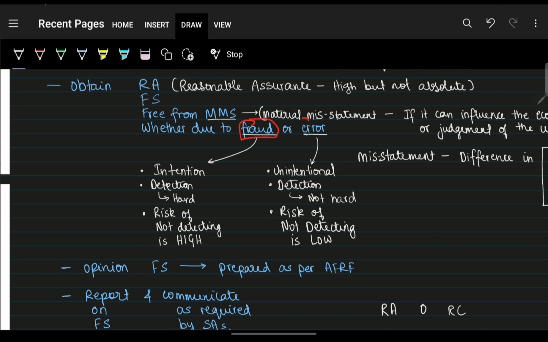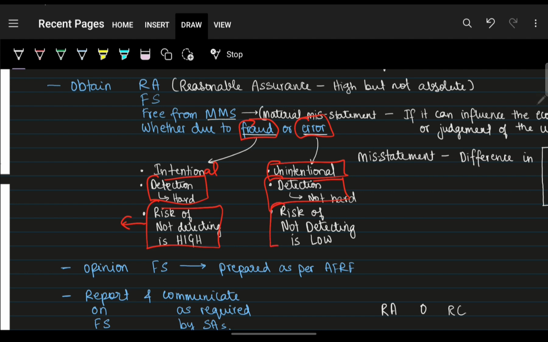Here fraud and error are two separate things, right? Fraud is intentional, whereas error is unintentional. Here detection is hard, here detection is fairly easy, right? And the risk of not detecting is very high because the people who have committed the fraud have taken multiple steps or precautionary measures to hide the fact that they have committed that fraud.